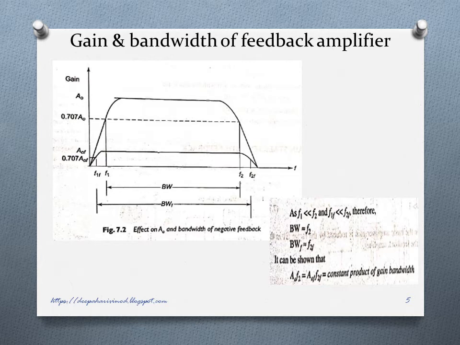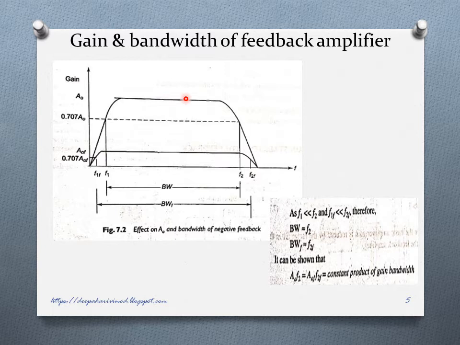The reduction in gain and increase in bandwidth of the feedback amplifier is shown in this figure. So this is the first case, that is gain without the feedback. Here is gain with the feedback. So here we can see gain is reduced with the feedback, and always we choose the cutoff frequencies, lower and upper, at 0.707 of the maximum gain.